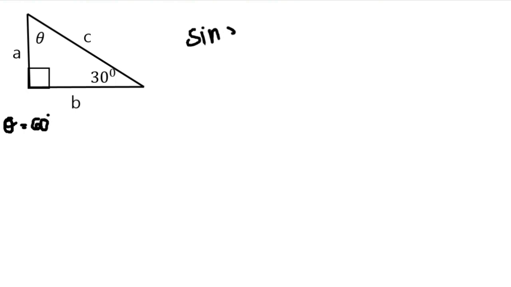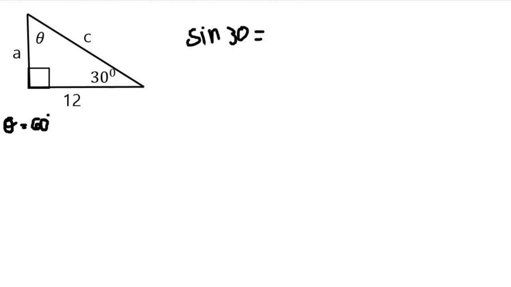Okay, now first let's calculate sine 30; actually, we cannot solve it without a length. So let's write a number here for B, let's say 12. Okay, so how do we solve for the other length?